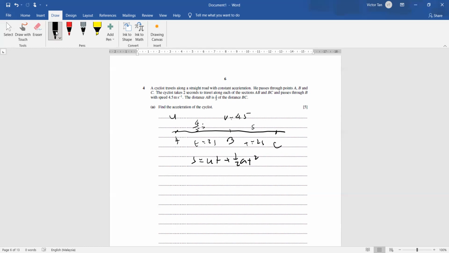So for the first part from A to B, 4 over 5 S equals 2U plus half A times 2 square. This is 2.